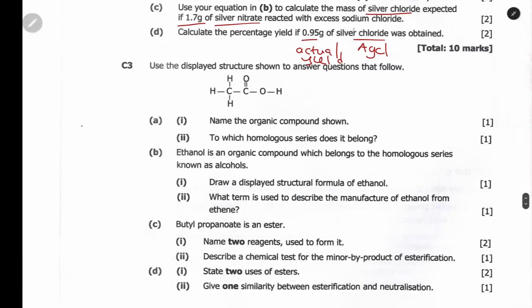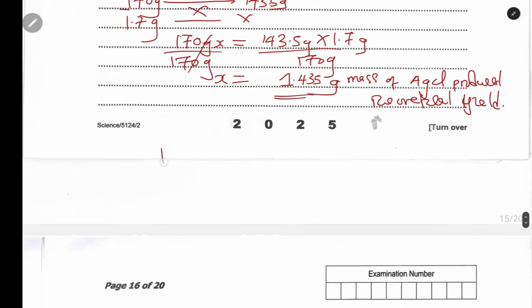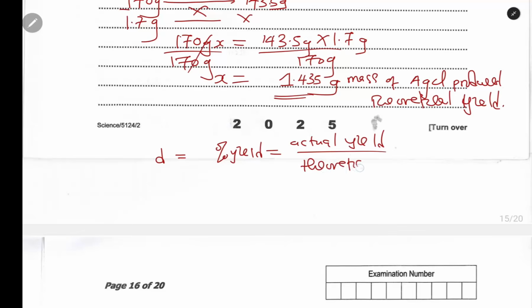Question C, question D, the last question. So we are going to say percentage yield is equal to actual yield divided by theoretical yield multiplied by what? 100%.